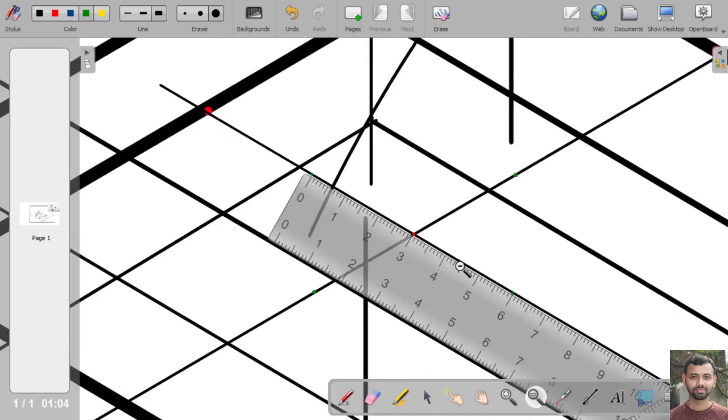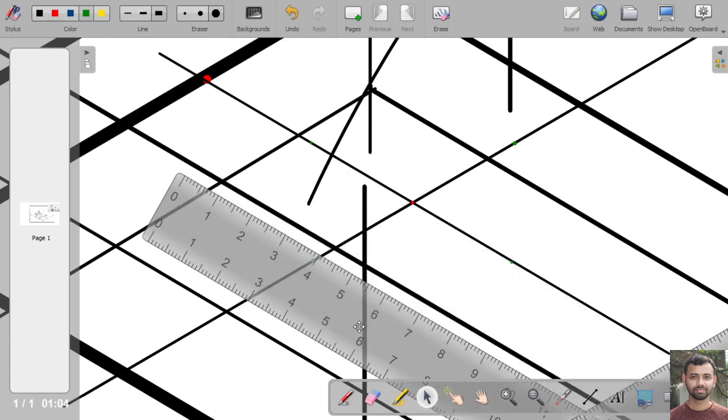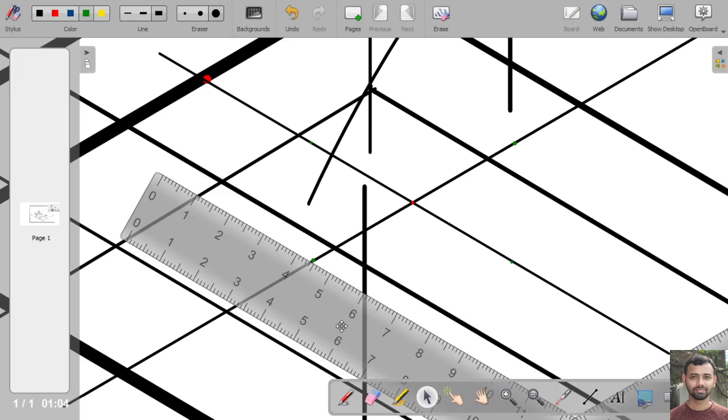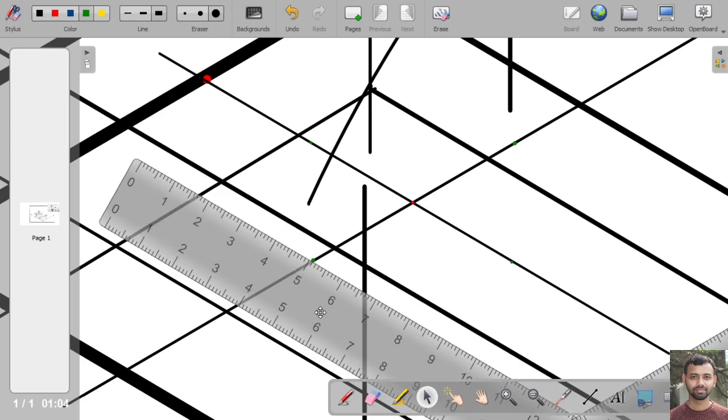Now we will draw the rhombus. To draw it, we will take the help of the scales. I am drawing this rhombus with a different color so that it will be easier for you to understand and identify it. Otherwise, among the other construction lines, it may be difficult for you to understand.